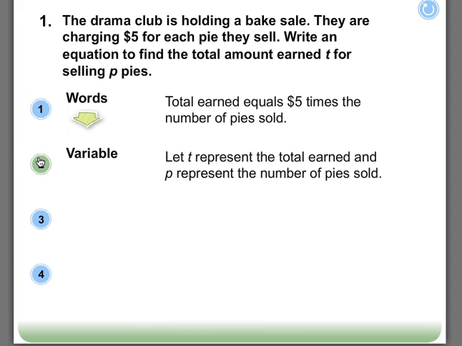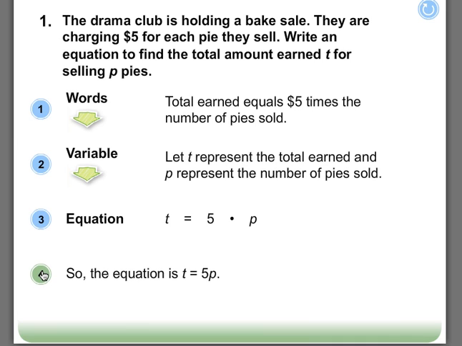The variable then, we're going to let T represent the total earned. We're going to let P represent the number of pies that were sold. Our equation then is T is 5 times P, or let's say the total that we made is $5 per pie, or times P really.